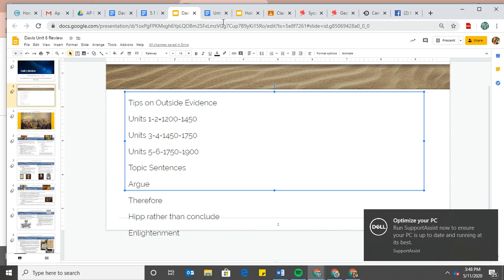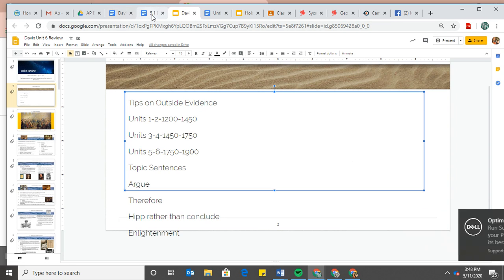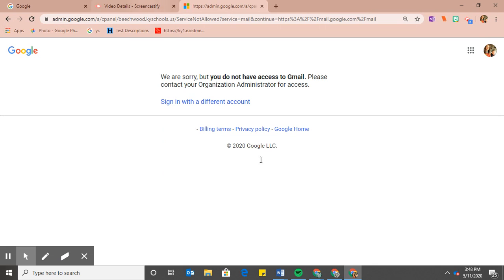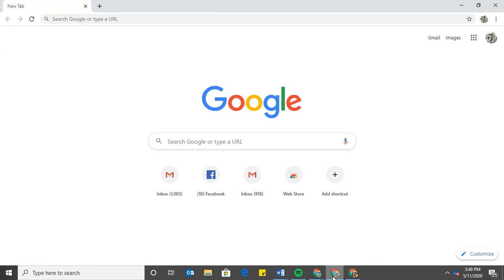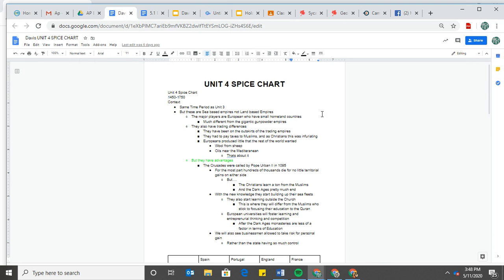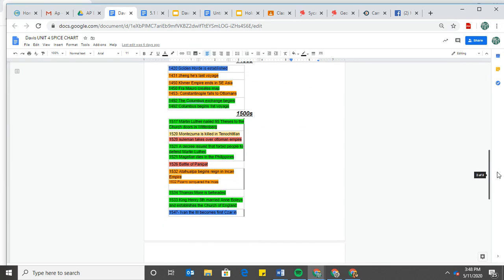And then if you're organized and you know you have some dates somewhere, I'm kind of bouncing around all over the place, I got so much stuff up. But in the spice chart, I gave you these facts.